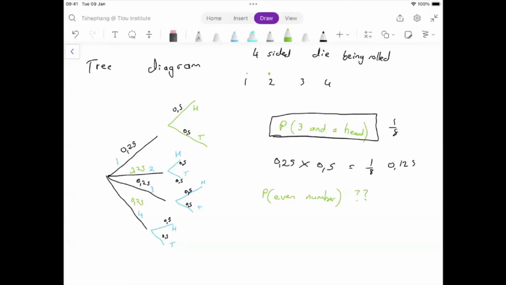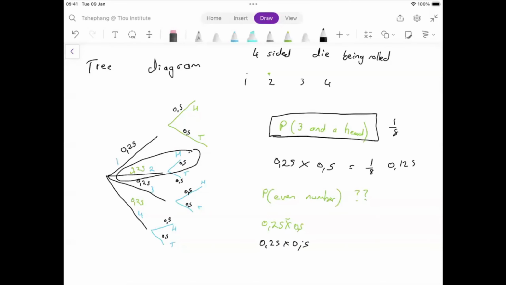Okay, let's quickly look at it. So the probability of getting an even number will be 0.25 multiplied by 0.5. Let me just highlight. So it can be that, or it can be 0.25 multiplied by 0.5.